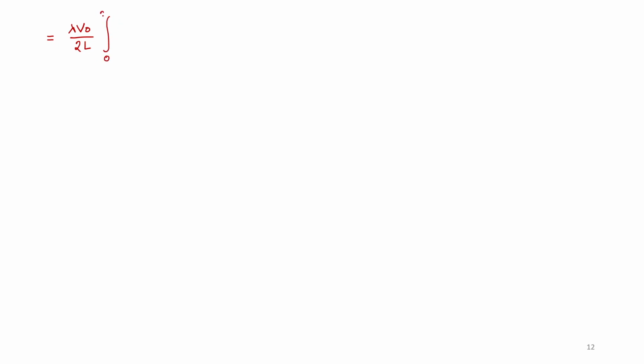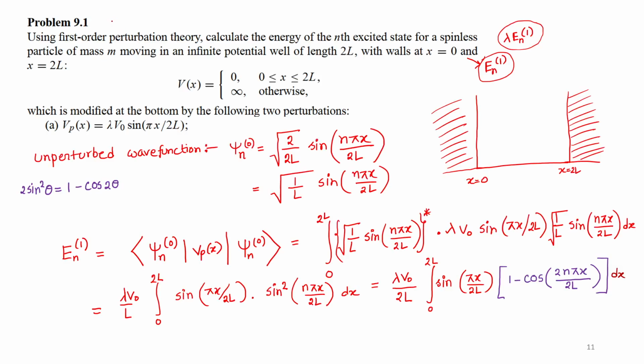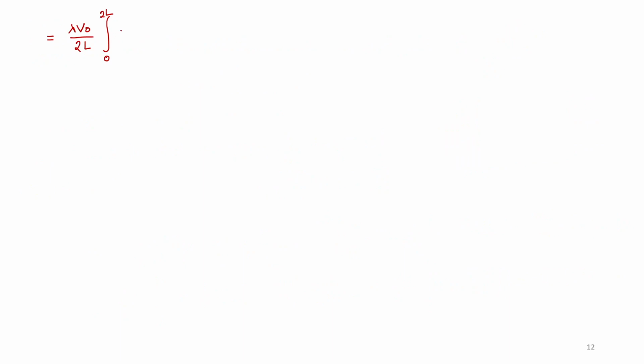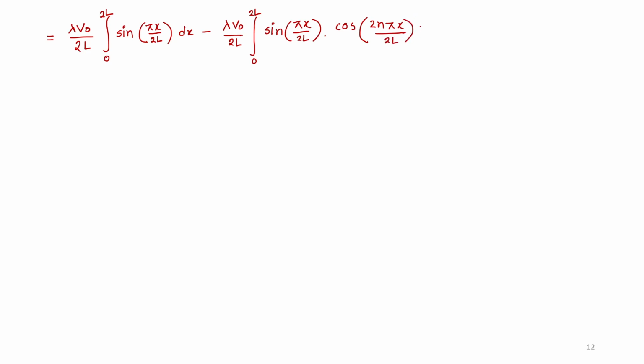Then we have 0 to 2L, then sine pi x by 2L dx. And we have the same lambda V0 by 2L, 0 to 2L, we have sine pi x by 2L, and we have cos 2n pi x by 2L dx. Okay, so we have to solve this integral.